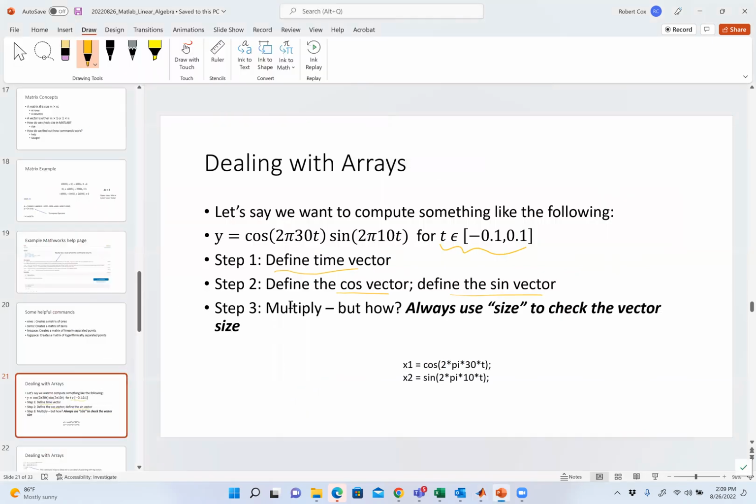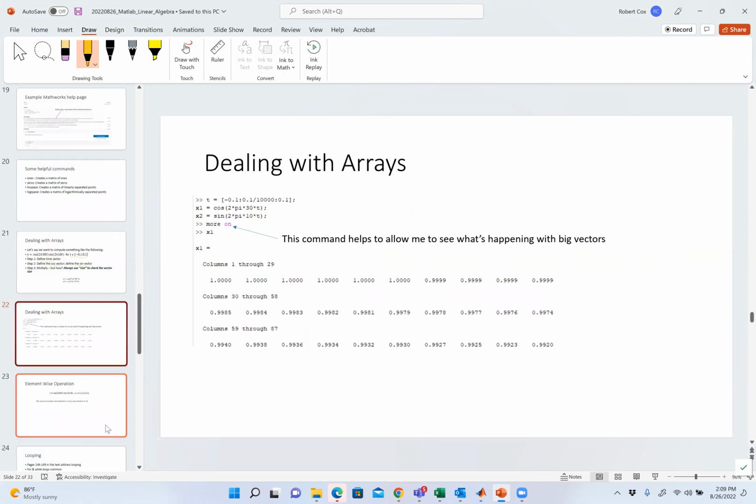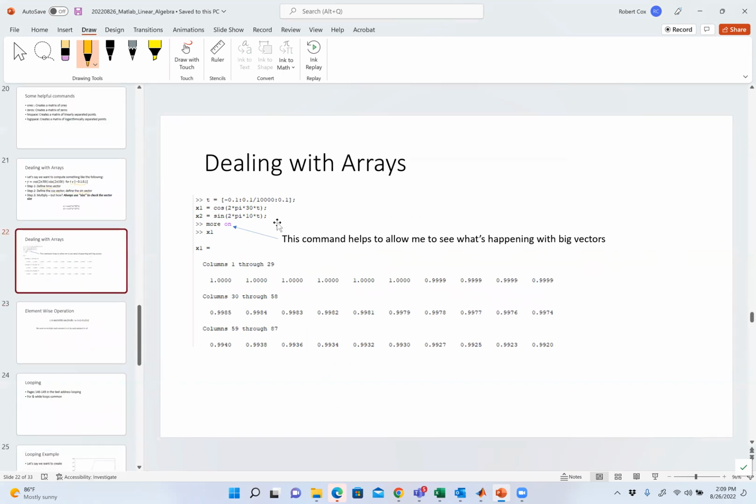Now, defining something like this could all be done in one step, or you could break it down into multiple steps like I have here, in my thought process. Notice I put a couple of examples of what I just did into my notes. One command that I sometimes use is the more on command.